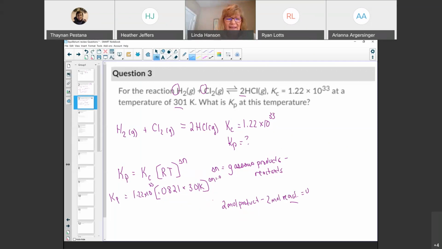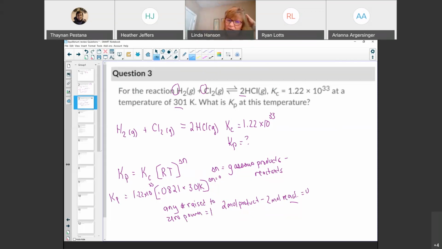Any number raised to the 0 power is equal to 1. Just check that on your calculator. You can take a random number, I'll press the number 5, raise it to the 0 order and your screen will read 1.